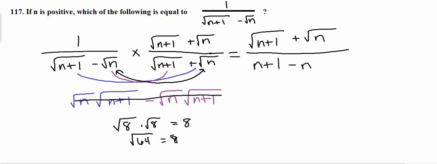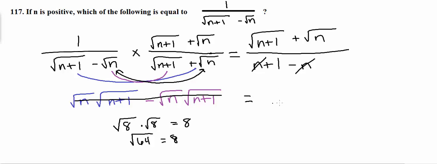Going back to the denominator, we notice that we have n minus n, so when we combine like terms, those cancel out again. Now we are left with the square root of n plus 1 plus the square root of n over 1. Anytime something is over 1, we don't have to actually write that part.